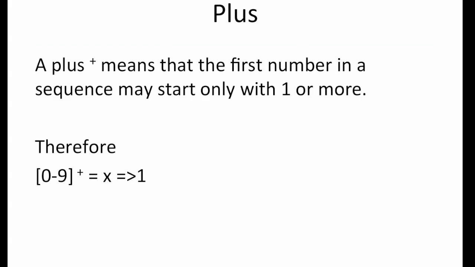The plus means that the first number in a sequence may start only with one or more. So basically, the number specified in brackets cannot be zero. It has to be either one or more. And I've explained that over here by showing this range.